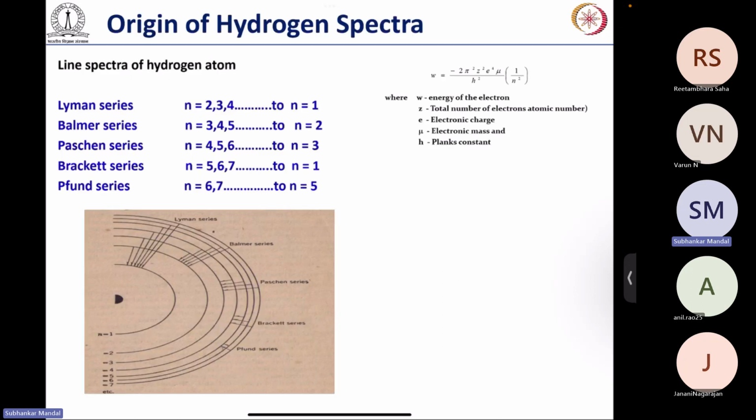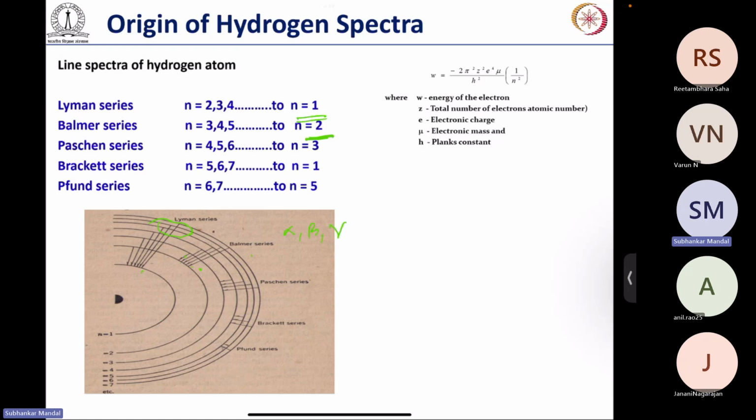I can just summarize what we discussed earlier, on this slide. The Lyman series is when an electron comes from a higher orbital to n equal to 1. When it comes from higher orbitals 3, 4, 5 to n equal to 2, that is called the Balmer series. There are also different parts called alpha, beta, gamma.